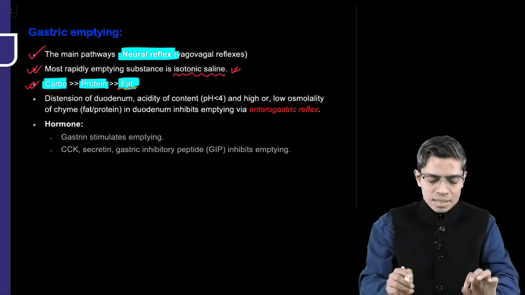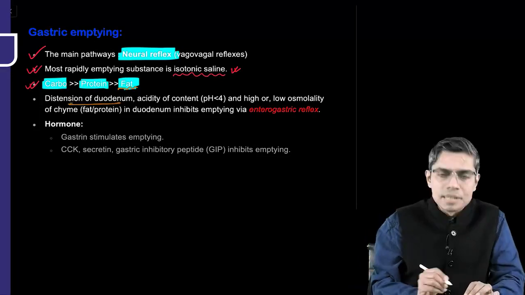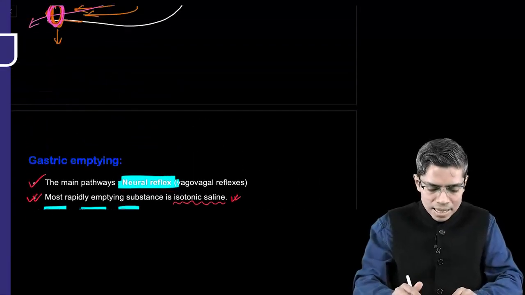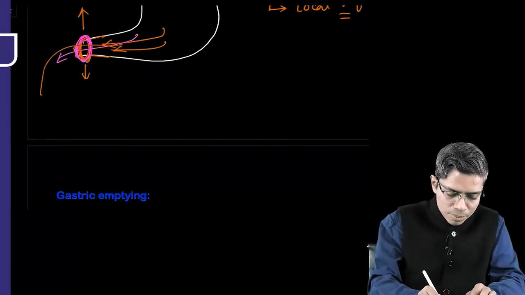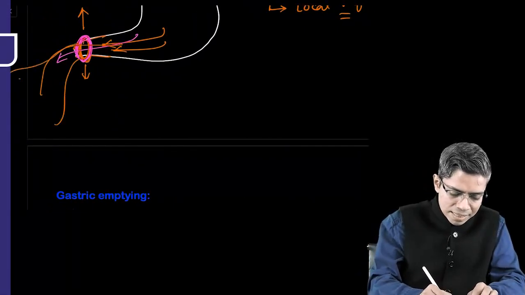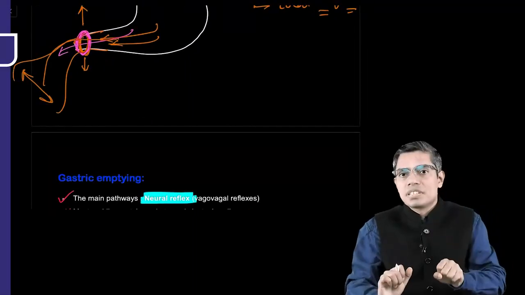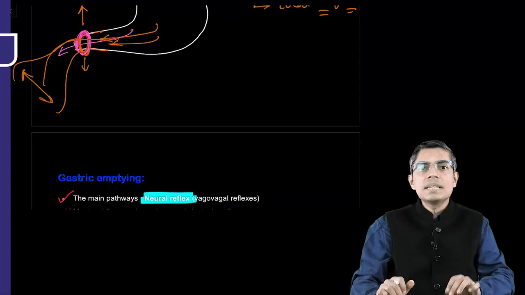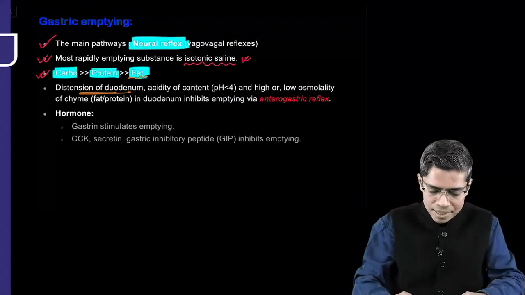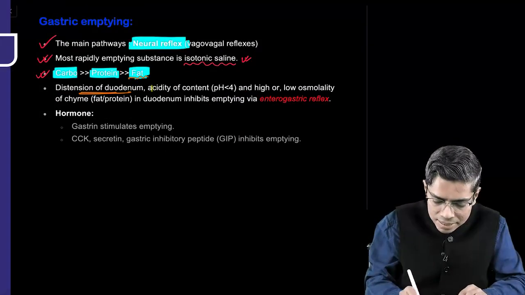Now, if there is distension of the duodenum, so suppose the food particle has moved from the stomach to the level of duodenum, so the duodenum is distended due to food particle, right? This will inhibit the pyloric sphincter. Not only the distension of the duodenum, but also acidic content in the duodenum.